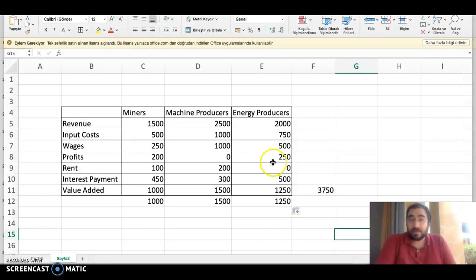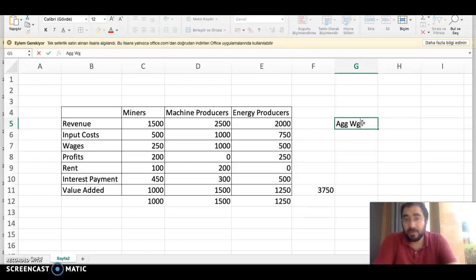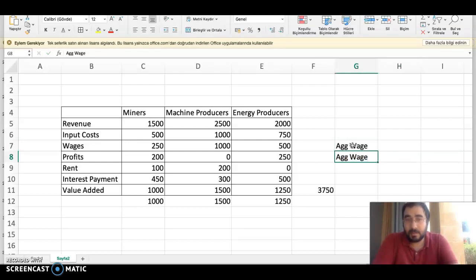So to do that, for example, in this case, we might calculate aggregate wage, aggregate profit, aggregate rent, aggregate interest.